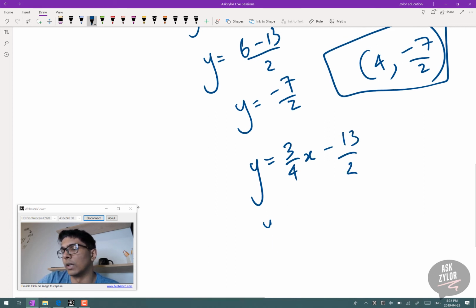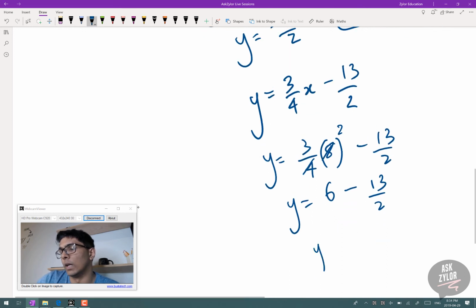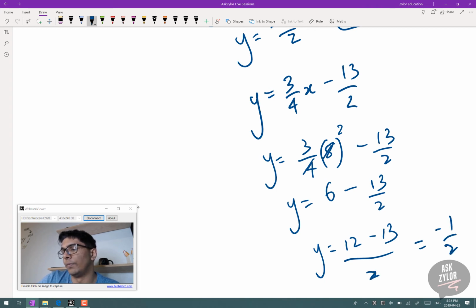Now I can pick another one to be, let's say, 8. So 3 over 4 times 8 is 6, minus 13 over 2. And then we have 12 minus 13 over 2, which simplifies to -1 over 2.